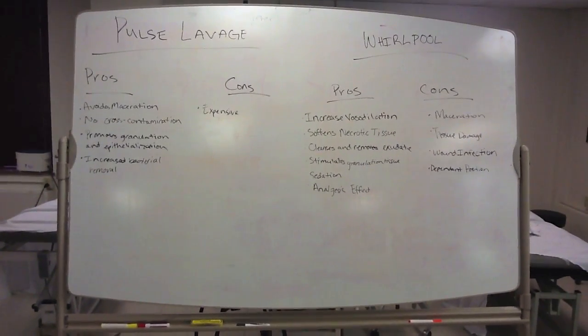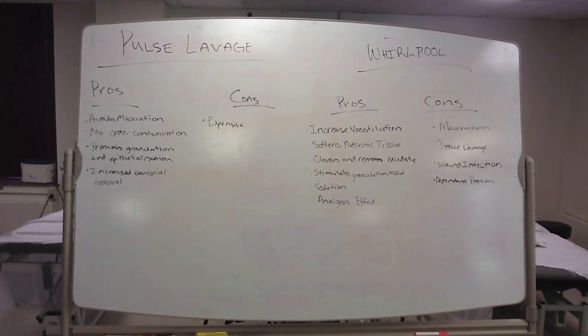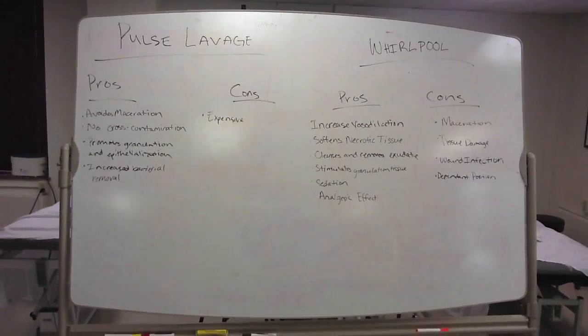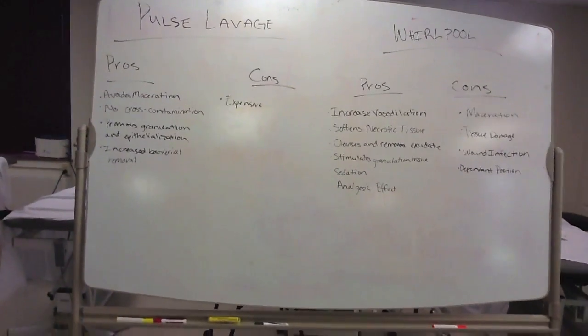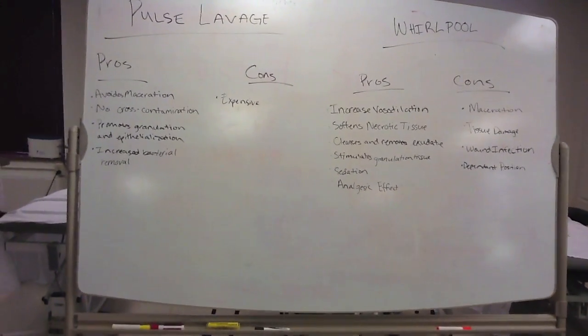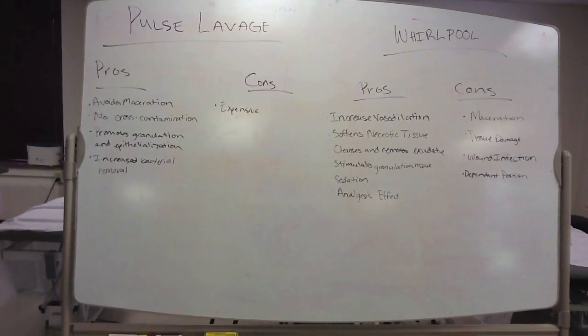So next we're going to talk a little bit about the pros and cons of Pulse Lavage and Whirlpool. So we'll start with Pulse Lavage. Some of the pros are that you avoid maceration of the tissue. There's less likelihood of cross-contamination with treatment.